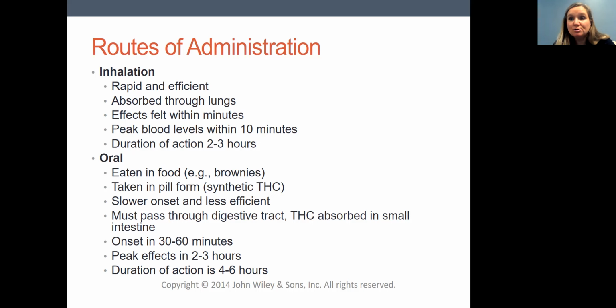But then you could also put the plant product in a food source and eat it. Or you could have a pill form like synthetic THC, like the Marinol that I just mentioned, the Schedule 3 drug. When you do oral administration, then the onset of the drug effect is much slower and less efficient because everything has to go through the digestive tract. And so in that case, you may not see onset of the drug effect for 30 to 60 minutes.